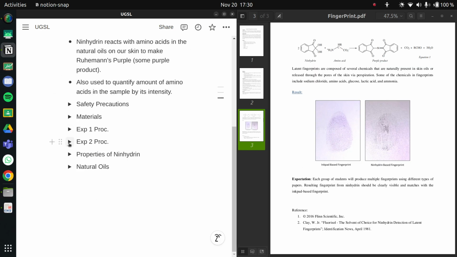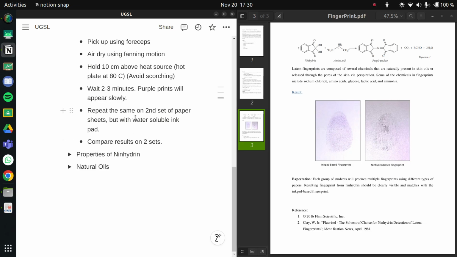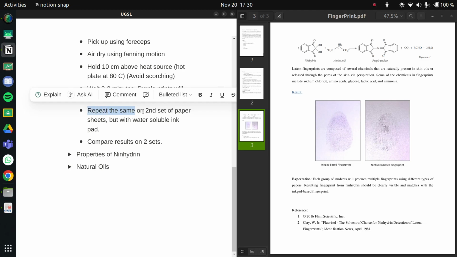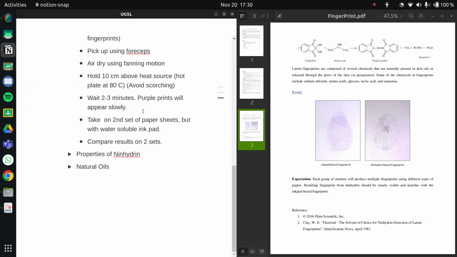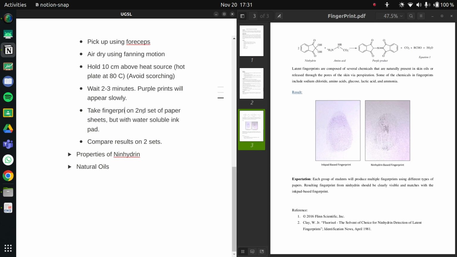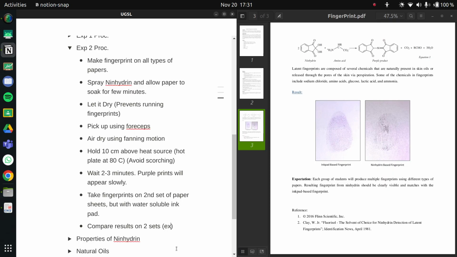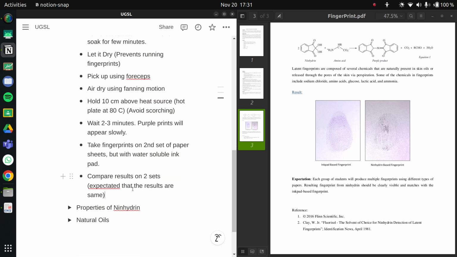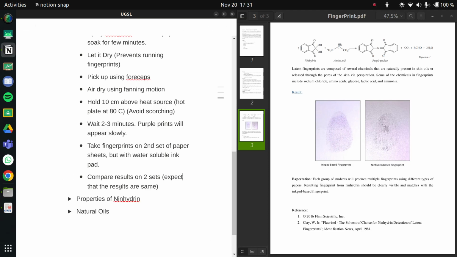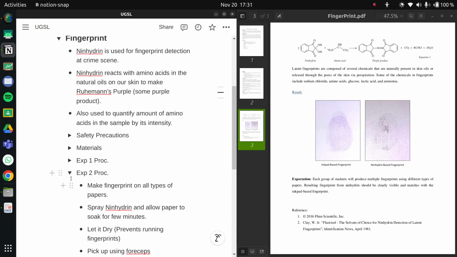So during our procedure, take fingerprints. Yeah. Cool.